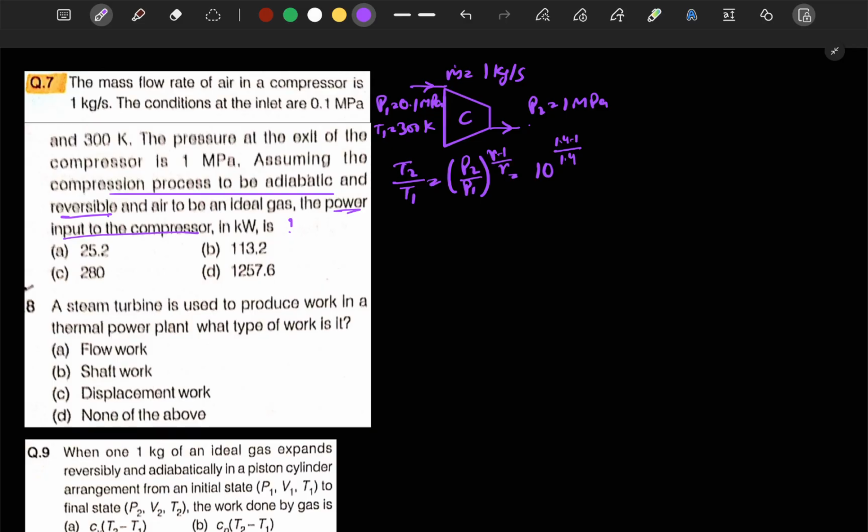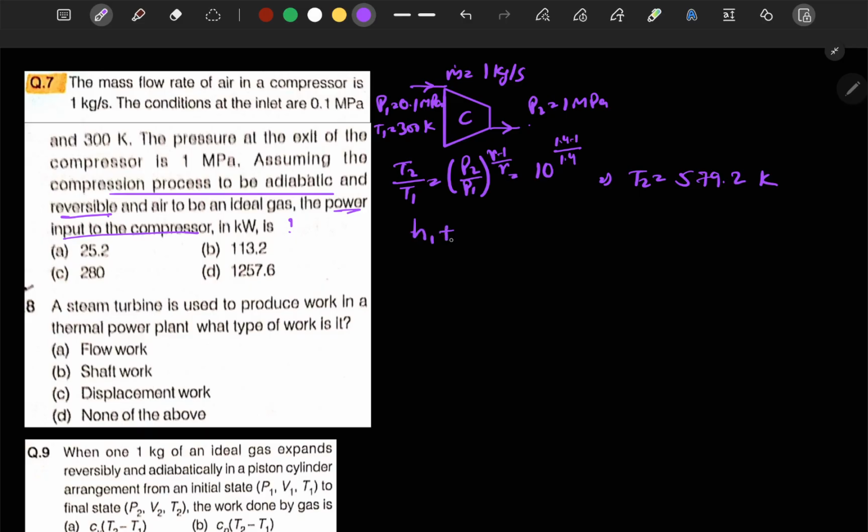This value comes out to be 1.93, and when we multiply by T1, that is 300, we get T2 is equal to 579.2 Kelvin.